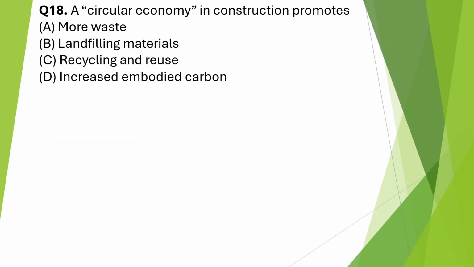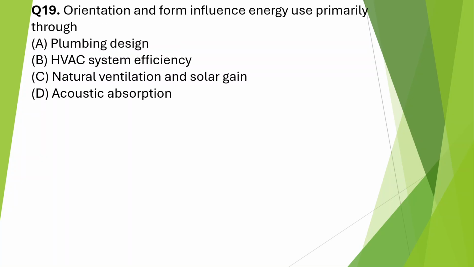Question number 18: the circular economy minimizes waste and keeps material in use. That's why the concepts of recycling and reusing are promoted with the concept of circular economy. That is correct. Let us move to the 19th question. The 19th question is asking you all about orientation and form influencing energy use primarily through.